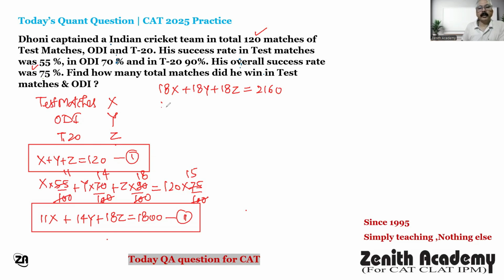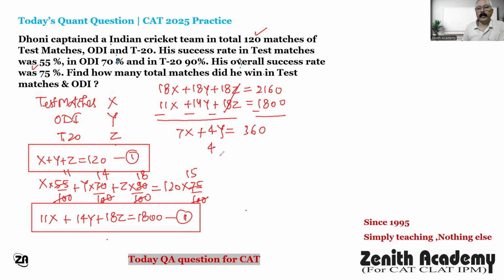And here is equation number 2: 11x plus 14y plus 18z equals 1800. Subtracting, Z is cancelled. It is 7x plus 4y equals 360.